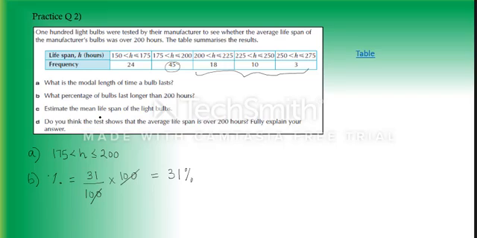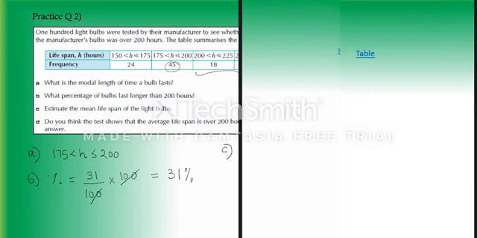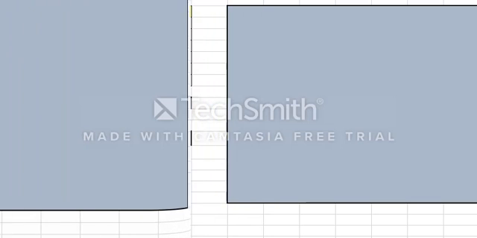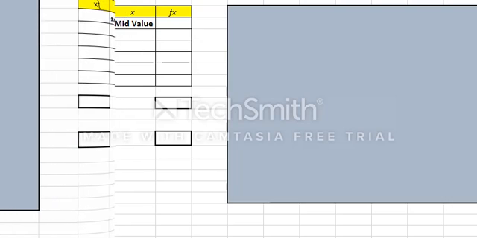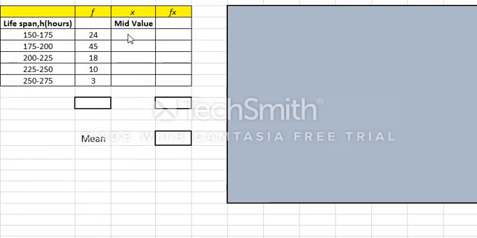Alright, now for part C again, where we need to find out the mean, let us use Excel, find the mean, and then we shall come back and tabulate our answer. So that's our screen in Excel where we have tabulated the lifespan and the frequency. Here again, we're going to start by finding out the mid value.